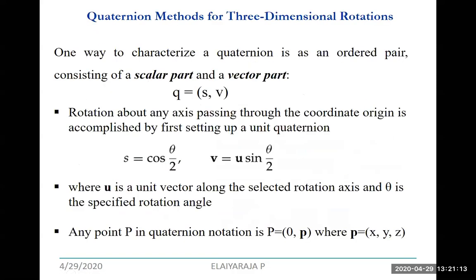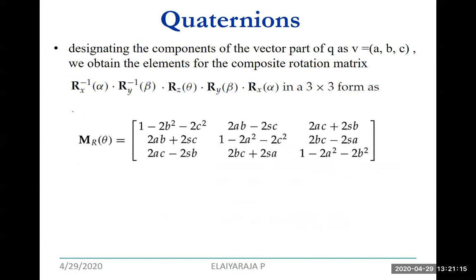When you multiply all three, along with the inverse of your x rotation as well as y rotation, you will get this matrix value. You can do the calculation and check it in 3 by 3 form.